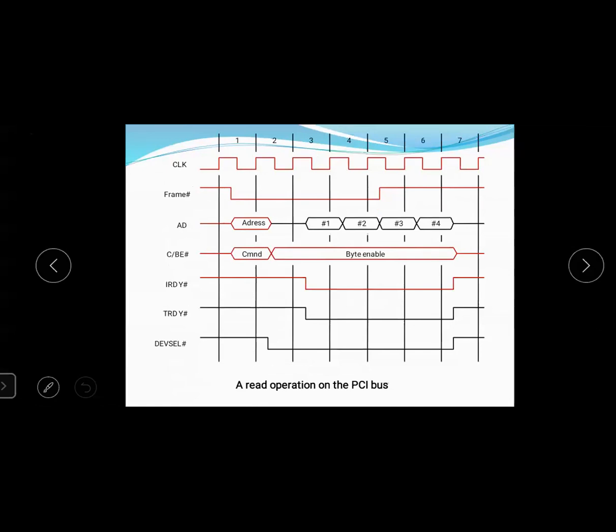This is the timing diagram for the read operation on the PCI bus.